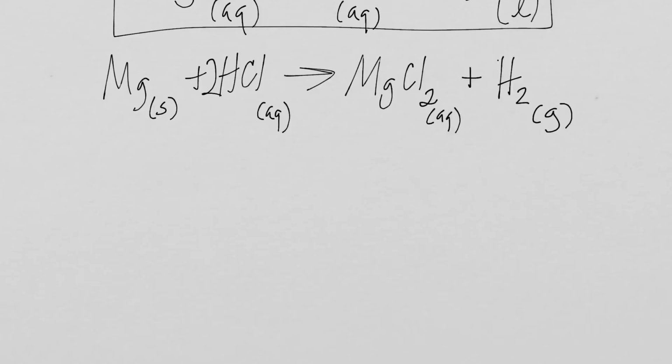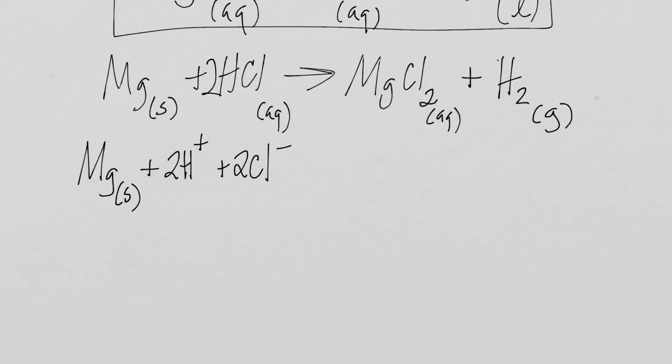All right, so here's my equation, and then I'm going to write my net ionic equation, and I'm only going to break apart things that are aqueous, which means in my net ionic, my magnesium stays the same, but I have 2 hydrogens that break apart, and I have 2 chloride ions. Those are both aqueous. And then on the other side, the only thing that breaks apart is this one.